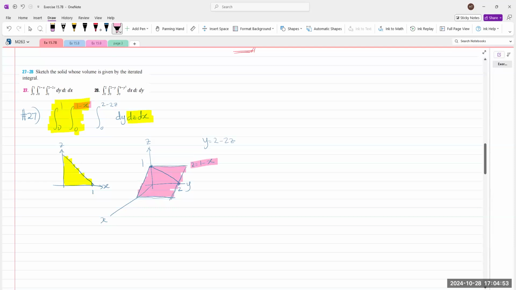And then it is being cut by y equals 2 minus 2z. Can you imagine that? It looks like a pyramid now.